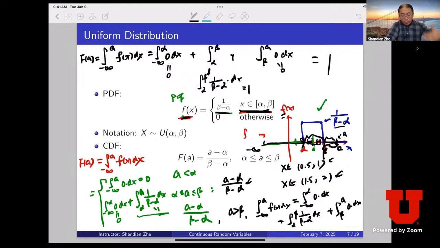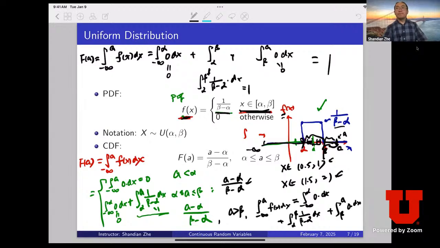We recommend you look at how we do the ordinary one-dimensional function integration. You will definitely feel much more comfortable. But here we just want to emphasize the whole computation procedure, like how do we derive the CDF out of the PDF function? So basically you're gonna do some integration. That's it.